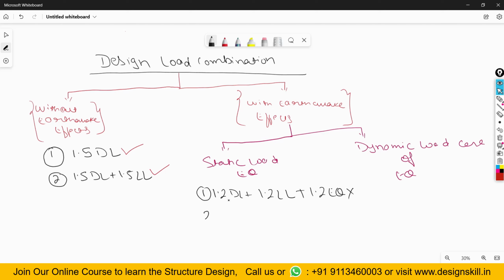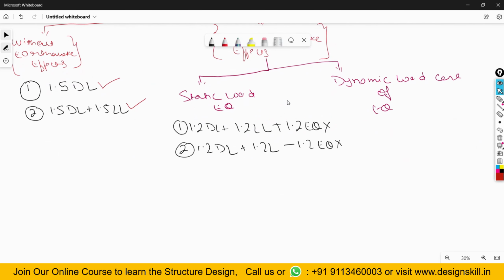The second load combination will be 1.2 dead load plus 1.2 live load minus 1.2 EQX. One time it will be plus and another time minus. You know that a static earthquake load case is static, so there will be a plus and minus while considering the load combination. If you are considering x, then there will be plus x and minus x. Same for y, plus y and then minus y.